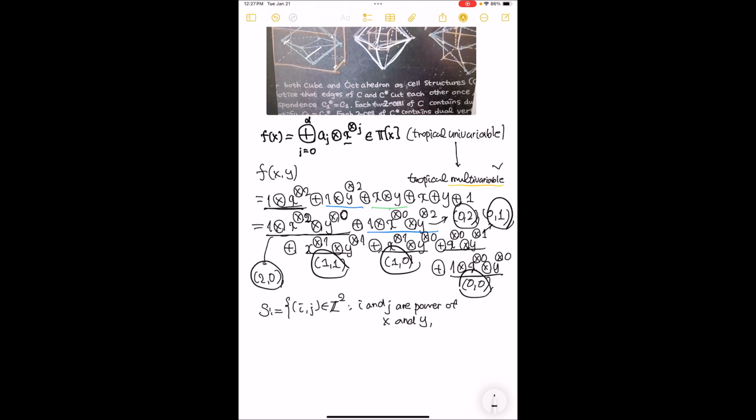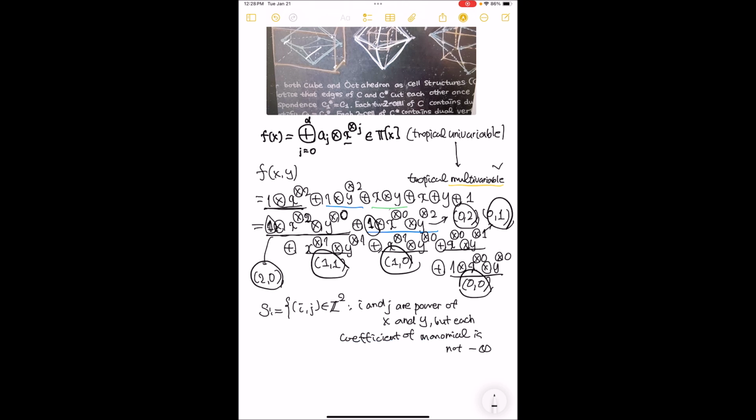But when we consider the coefficient of each monomial, it is not 0.